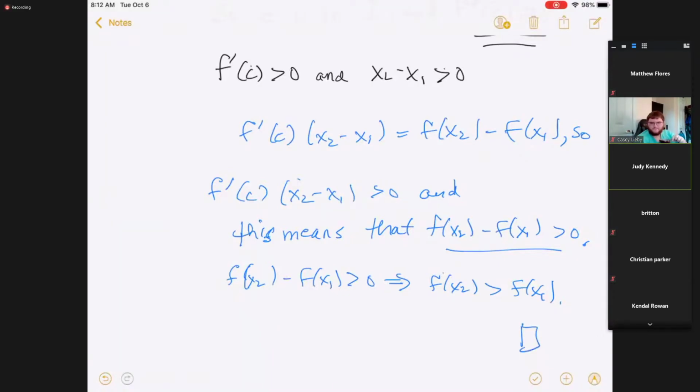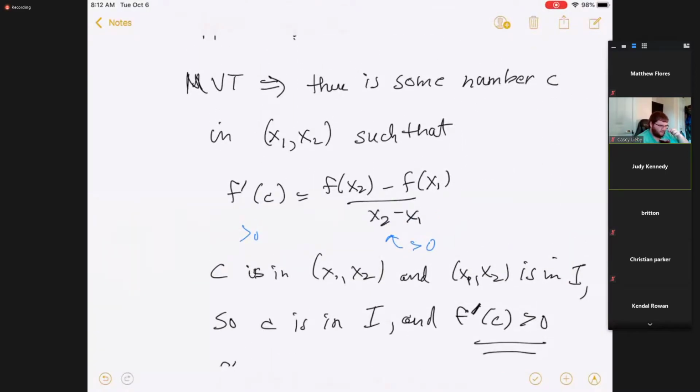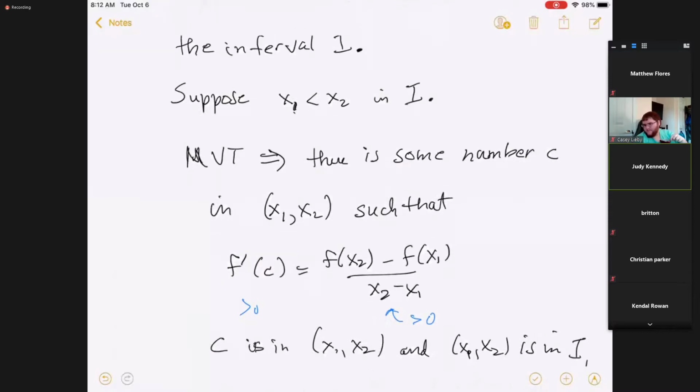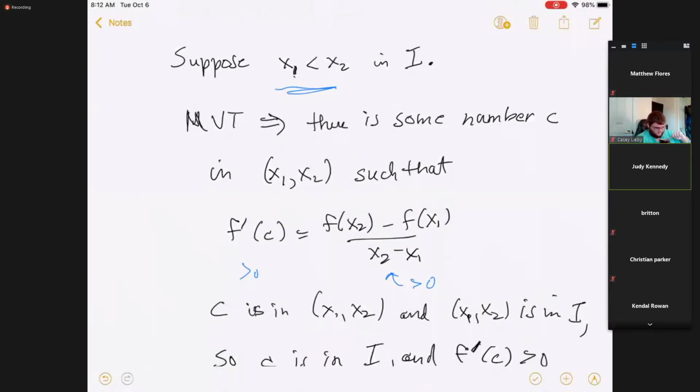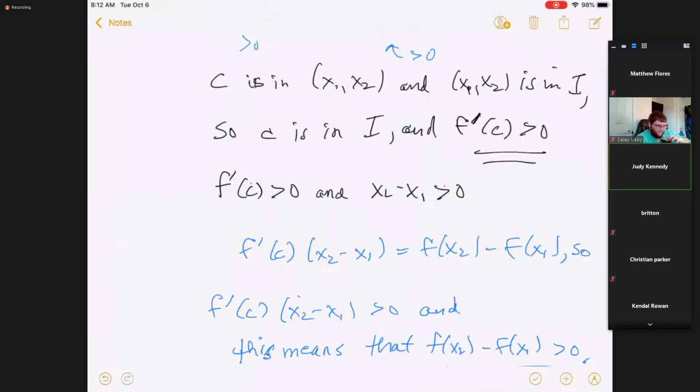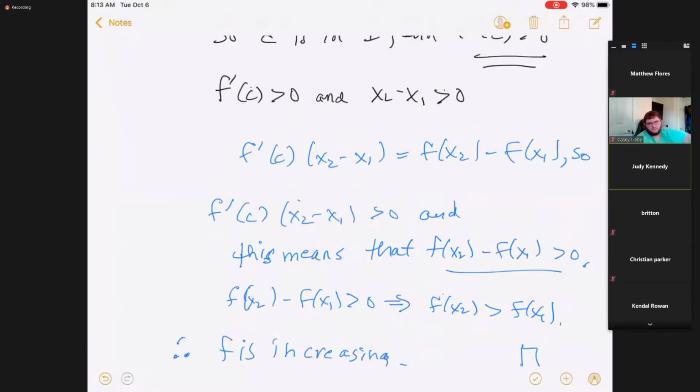We picked any two points in the interval, call the smaller one x1 and the larger one x2, then f of x1 is less than f of x2, so f is increasing. And that's what we wanted to show.